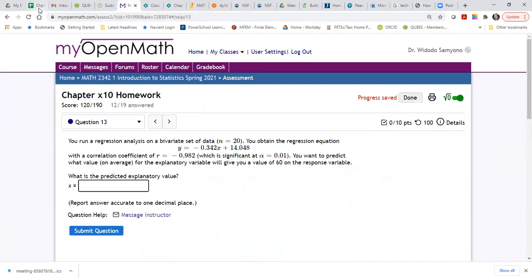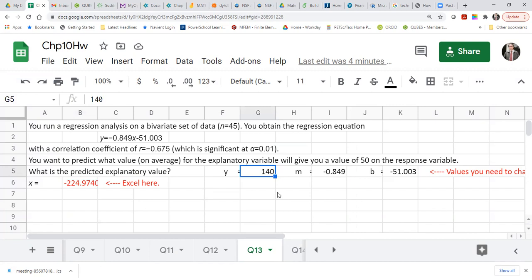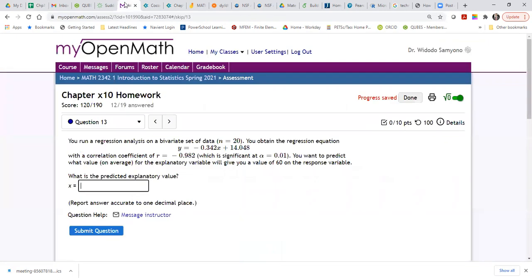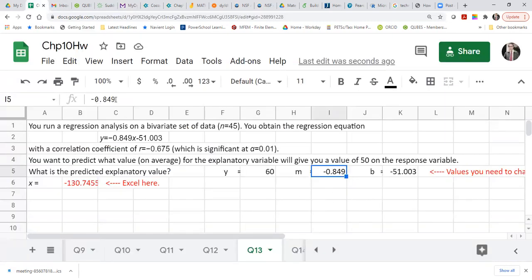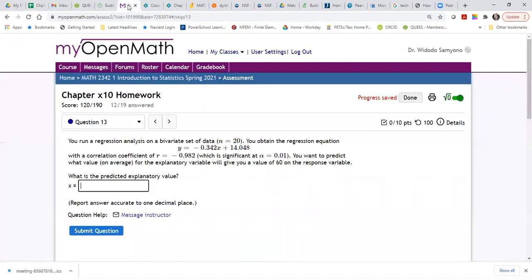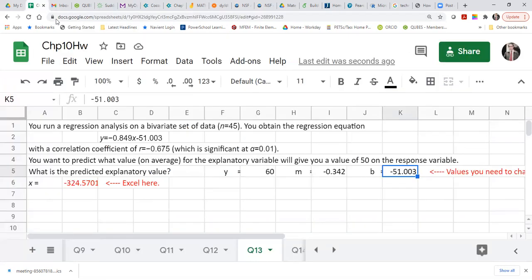So the y is 60, and then the m is negative 0.342. And then b equals, this is on the right side, positive 14.048.